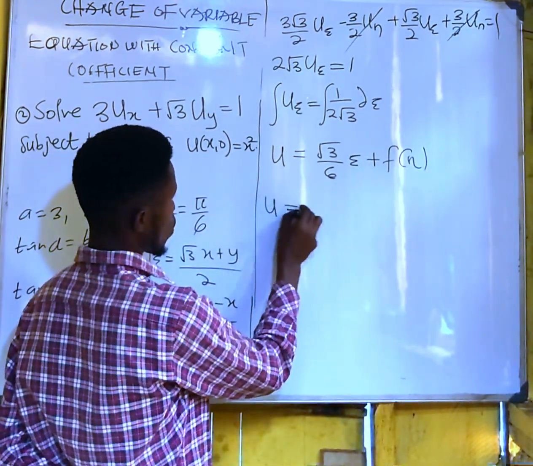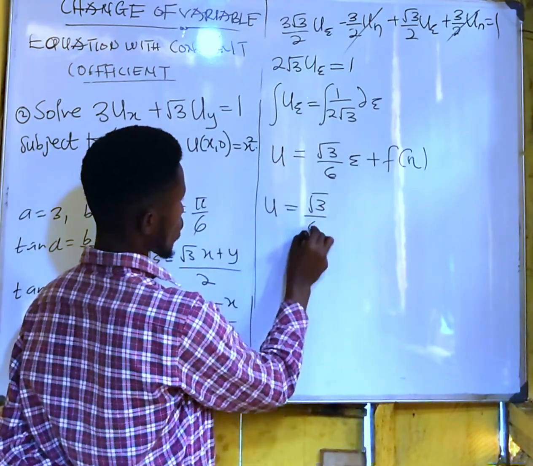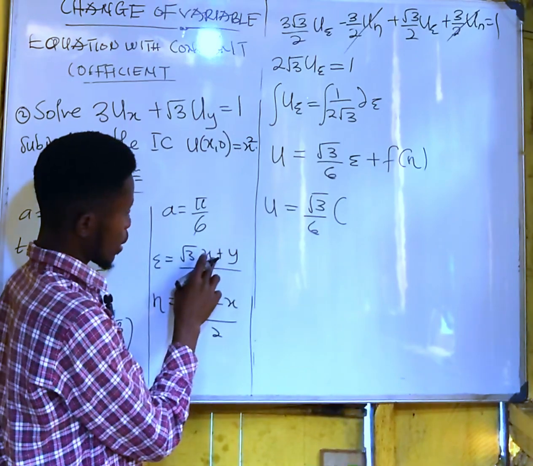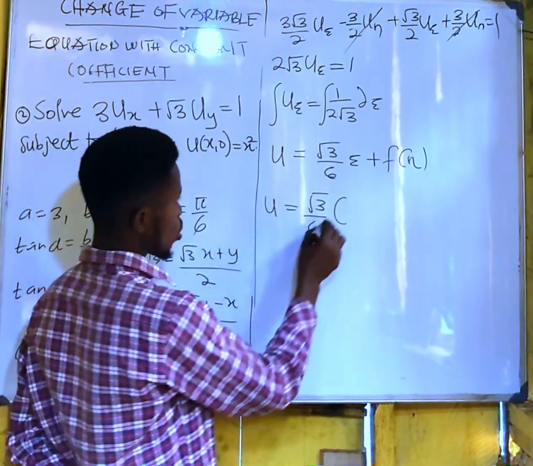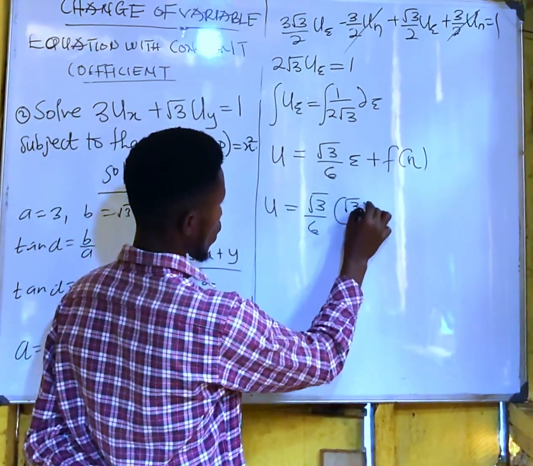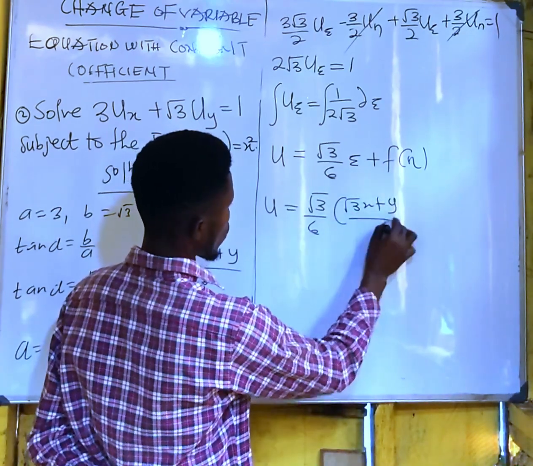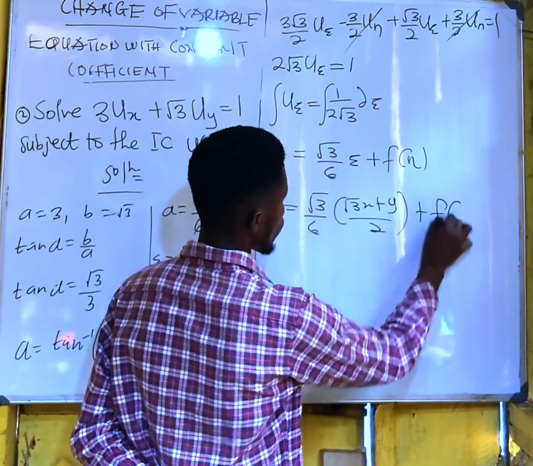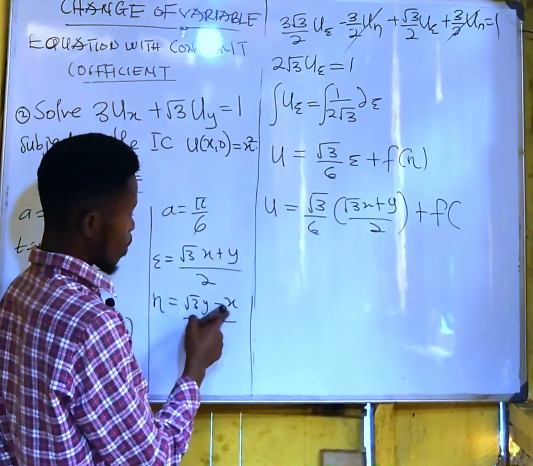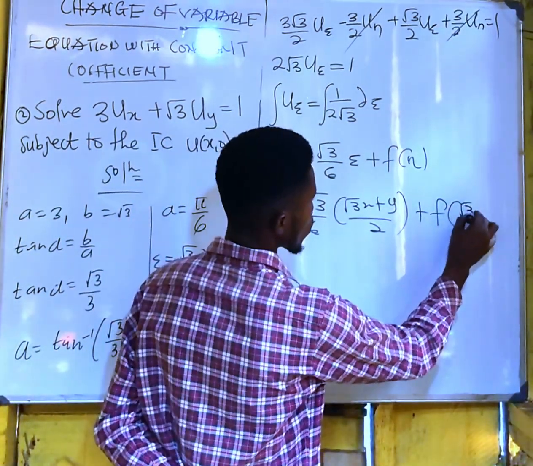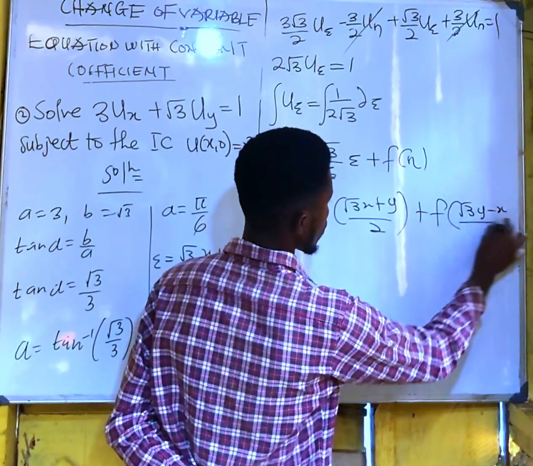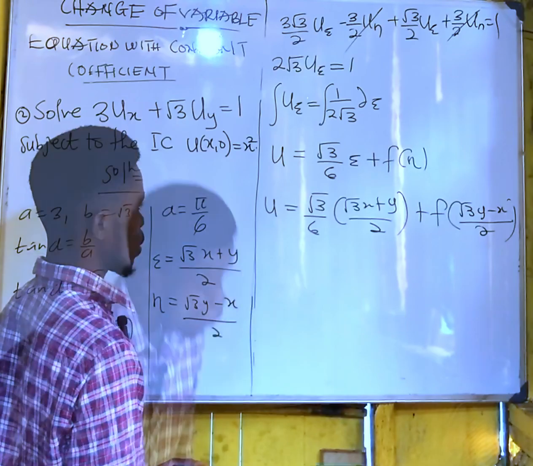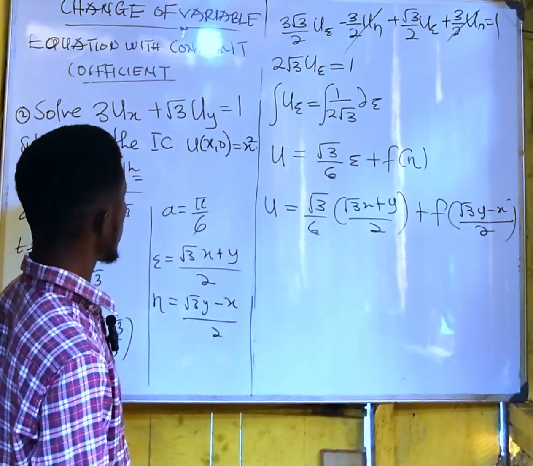So here will be root 3 over 6 multiplied by our xi, which is (root 3 x plus y) over 2, plus f of our eta, which is (root 3 y minus x), all divided by 2. So this is what we are going to get. Is that okay? Okay, now let's use the initial condition.